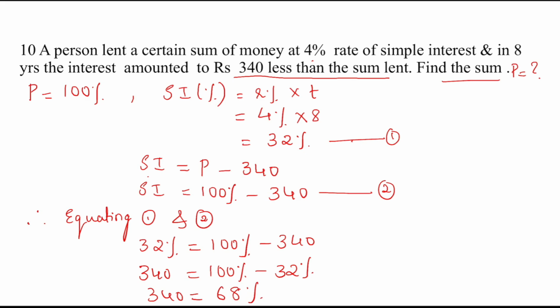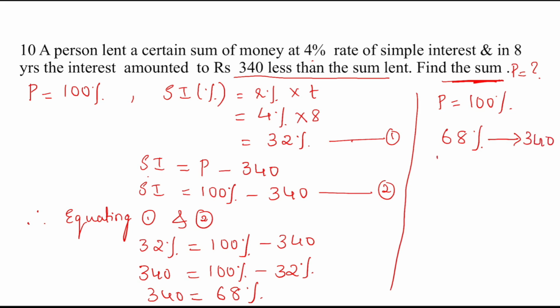But we are asked the sum. Sum is what? Principal is always 100%, we know that. Now if 68% is equal to 340 rupees, then 100% is how much? 100 divided by 68 into 340. 68 1s are 68, 68 5s are 340.